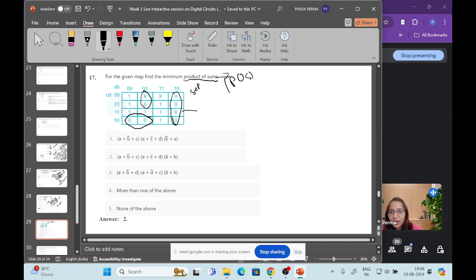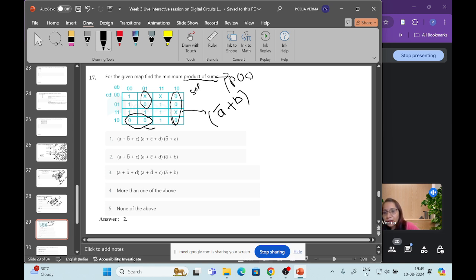Now we need to write down the corresponding product of sum values. So all values are given, so rows will be cancelled out, we need to write down only column values. So 1 or 0, that means A bar plus B in product of sum form. Okay, A plus B, A bar plus B for this.